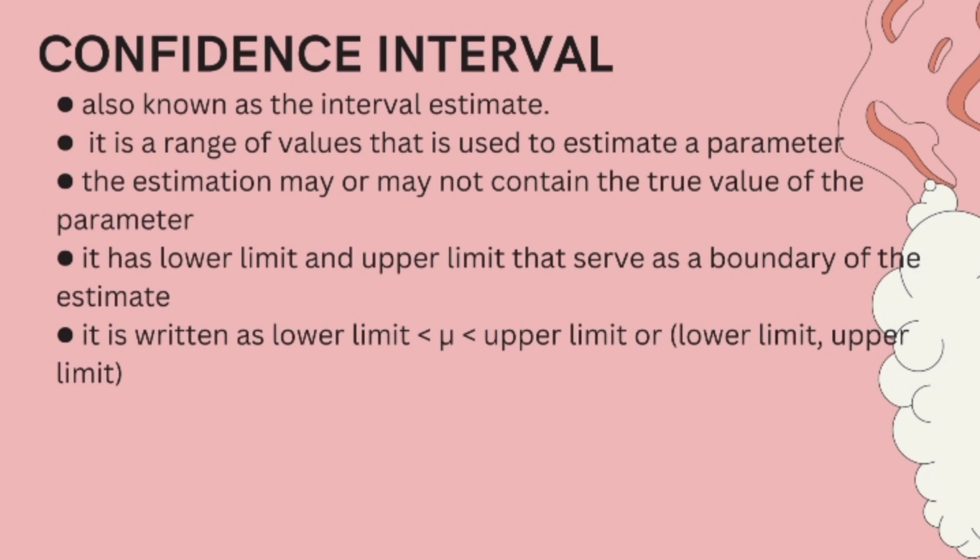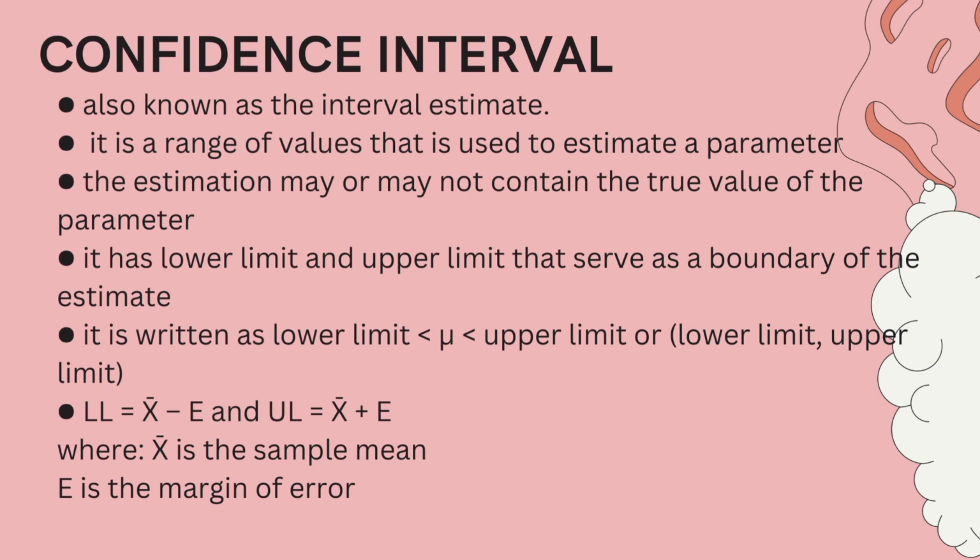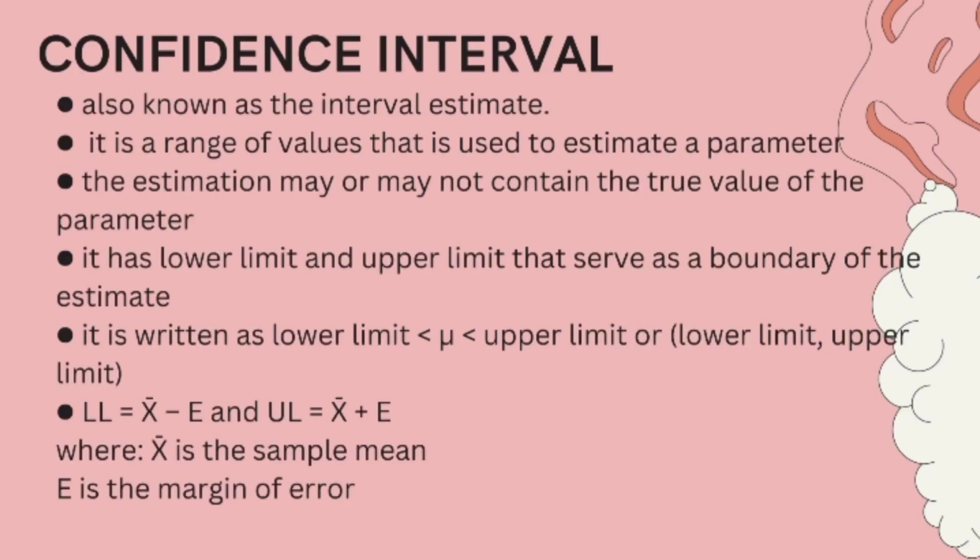To solve for the lower and upper limit, we have this formula. Lower limit is equal to the sample mean minus the margin of error. And for the upper limit, we have the sample mean plus the margin of error. So again, x bar is the sample mean and capital E here is the margin of error.